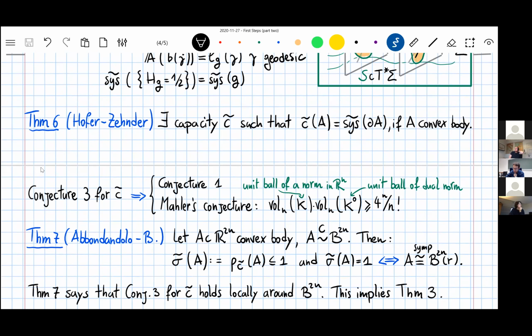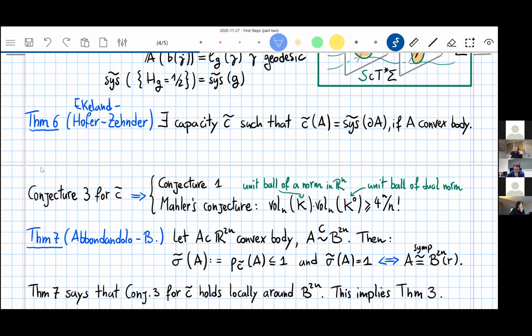Here we should also add Ekeland: this C tilde is called the Ekeland-Hofer-Zehnder capacity, and it is built using periodic orbits on the boundary of your convex body.